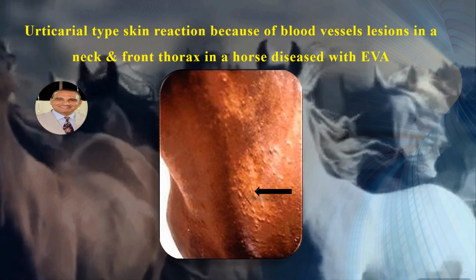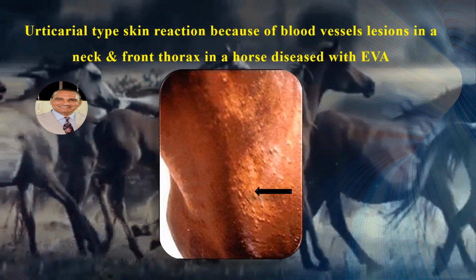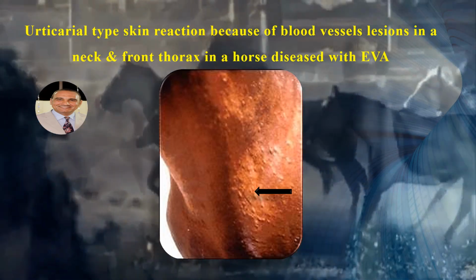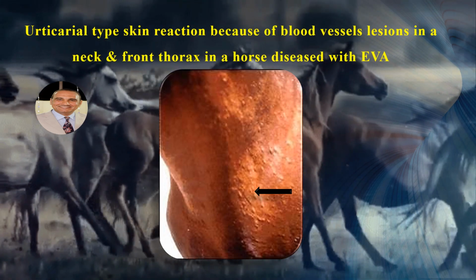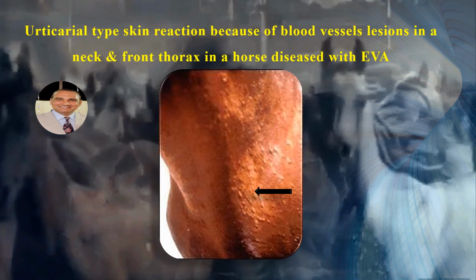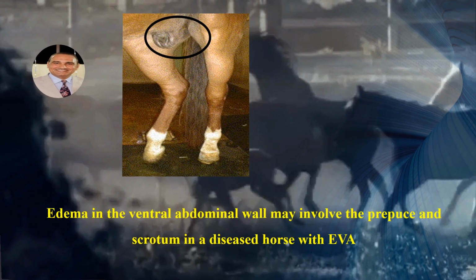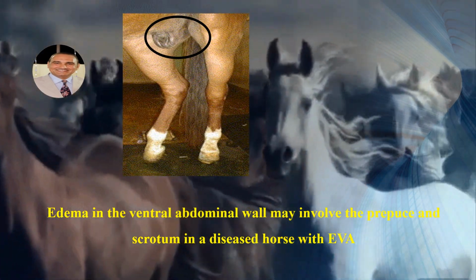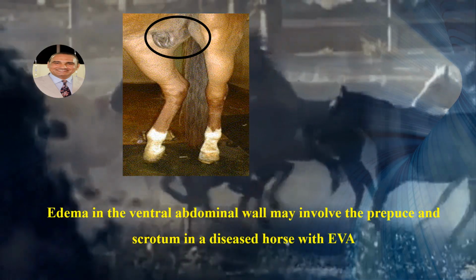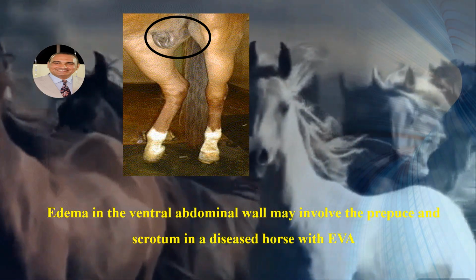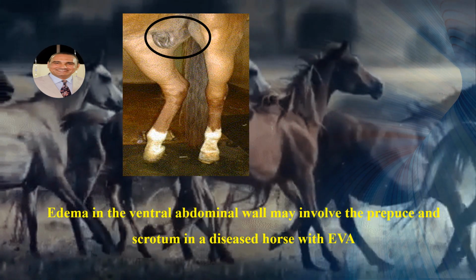Urticarial type of skin reaction because of blood vessel lesions in the neck and front thorax in a horse diseased with equine viral arteritis. Edema in the ventral abdominal wall may involve the prepuce and the scrotum in a diseased horse with equine viral arteritis.